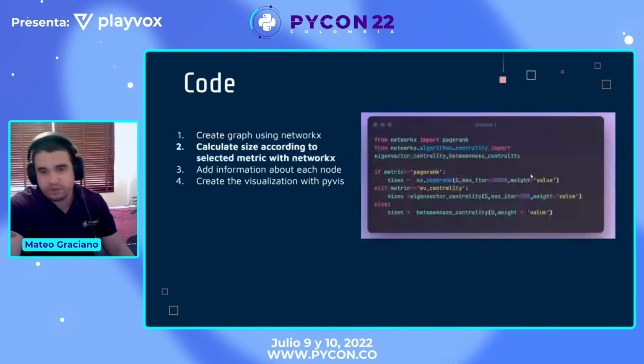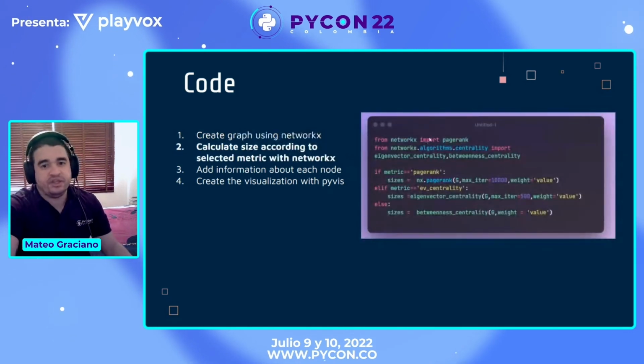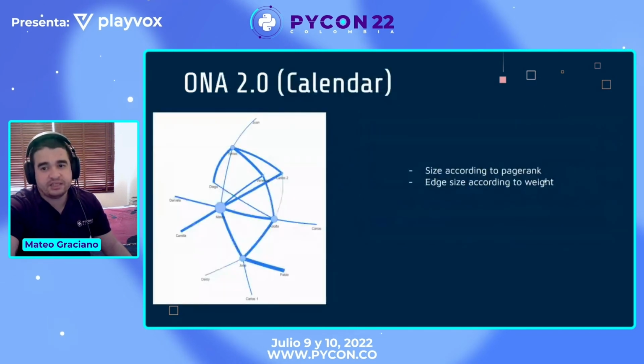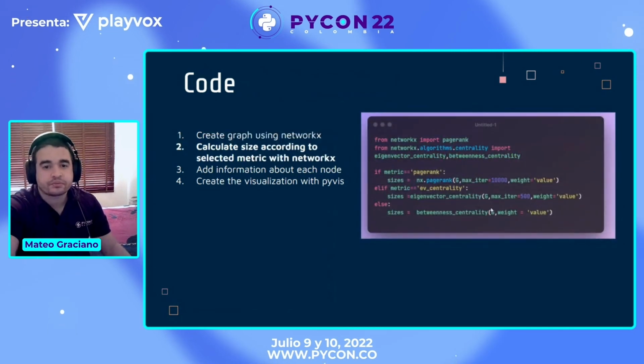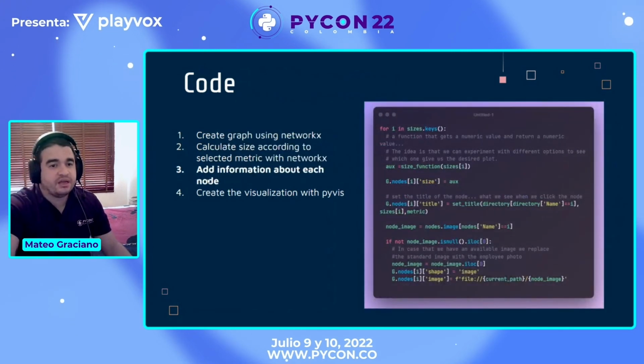Using networkx, you can use PageRank or eigenvector centrality. You just pass the graph object and say that this is a weighted graph, so the weight is defined as value. After that, we will add information about each graph.